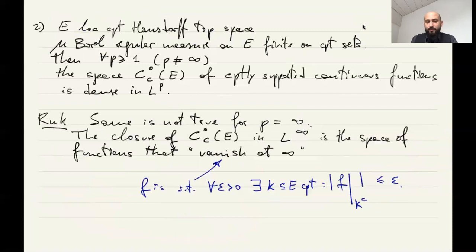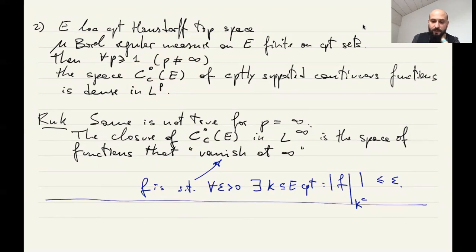Regarding the case of continuous compactly supported functions, one notices that, to prove the density in LP, since we know already that step functions are dense, it's enough to approximate step functions with continuous compactly supported functions.